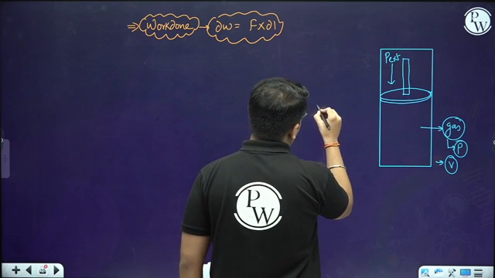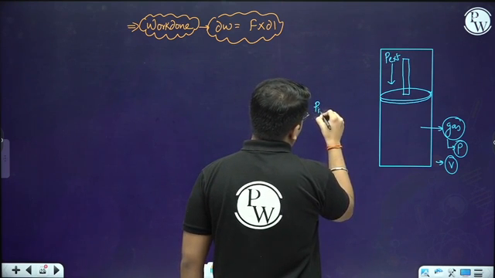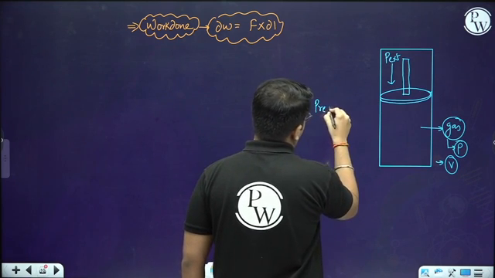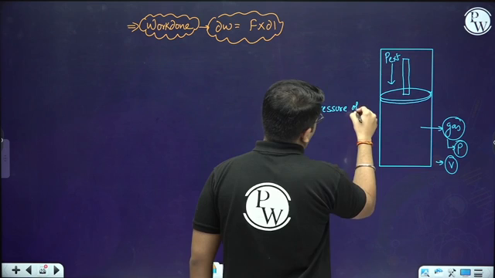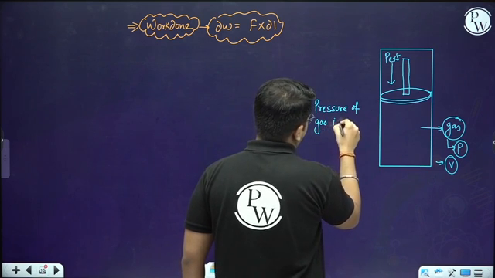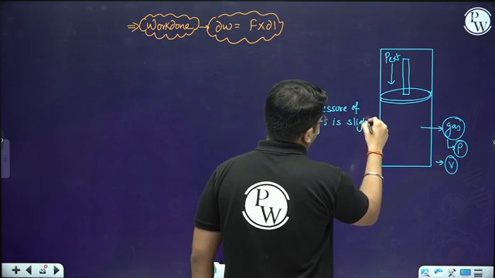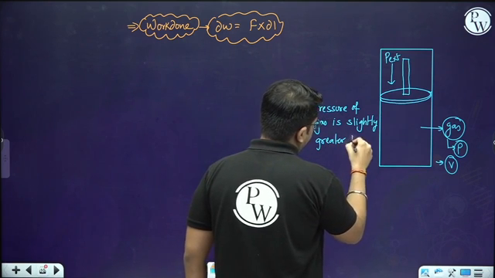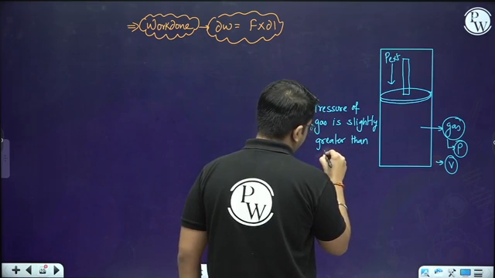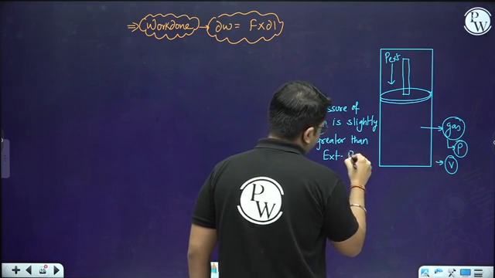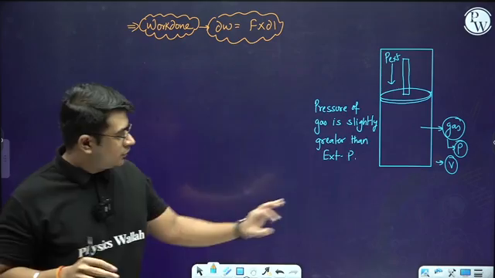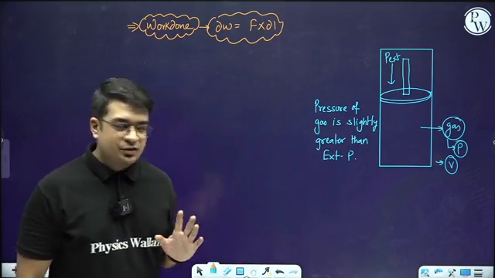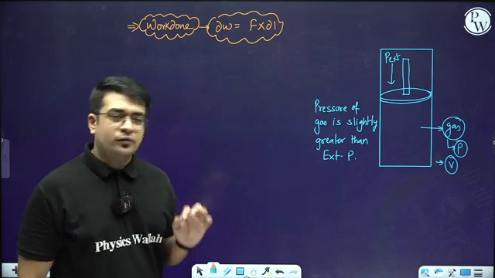Let's say that the P internal, which is the pressure of the gas, is slightly greater than the external pressure. Let's say that whatever is the pressure of gas, it is slightly greater than the pressure of the external atmosphere, whatever is present.